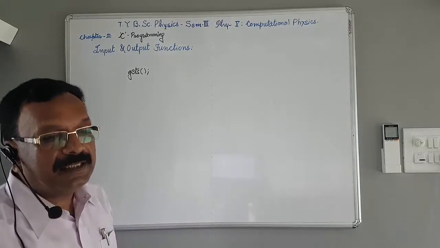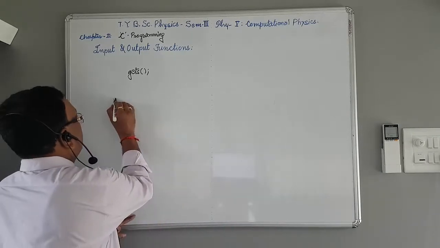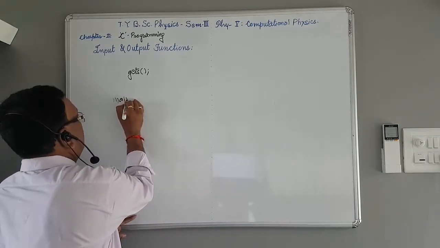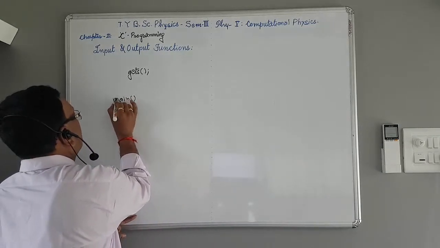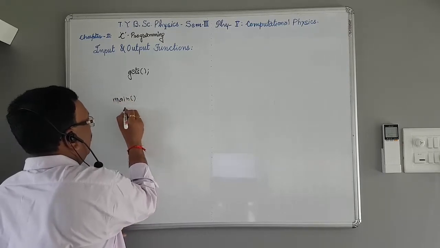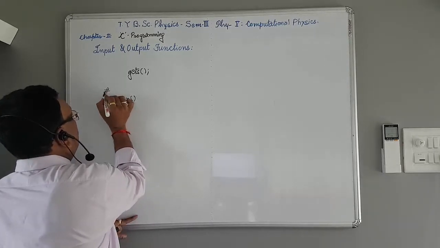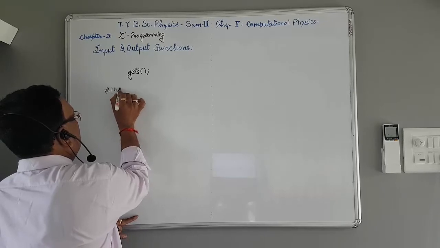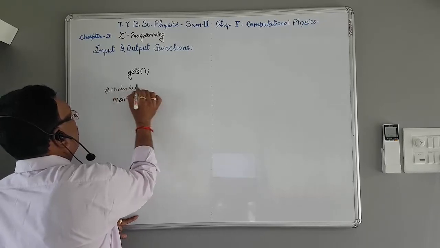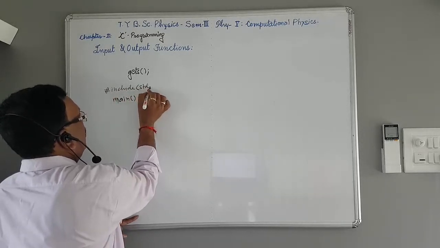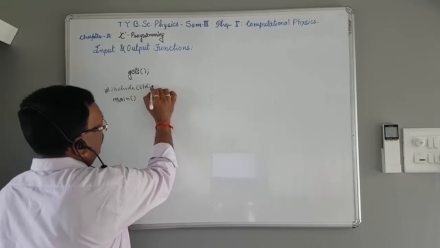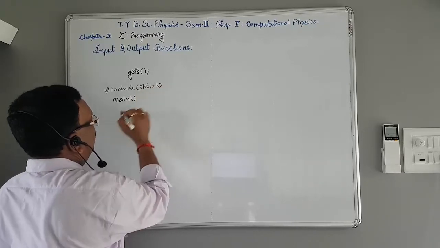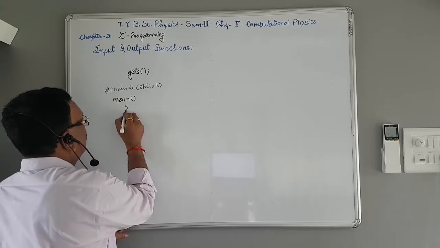For this purpose, consider a simple program, main. This is the first program. Before main, first we have #include <stdio.h>. This is the header file. We already studied this main.